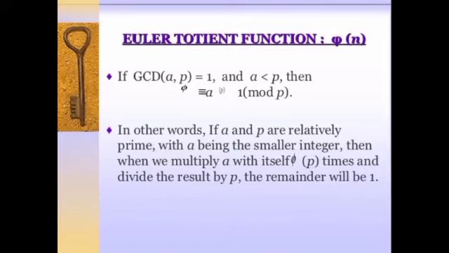In other words, if a and p are relatively prime with a being the small integer, then when we multiply a with itself totient of p times and divide the result by p, the remainder will be 1.